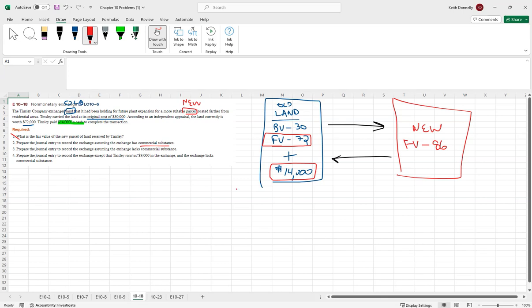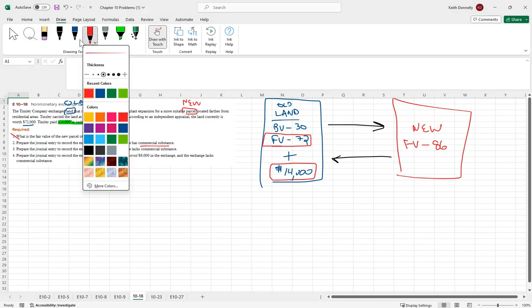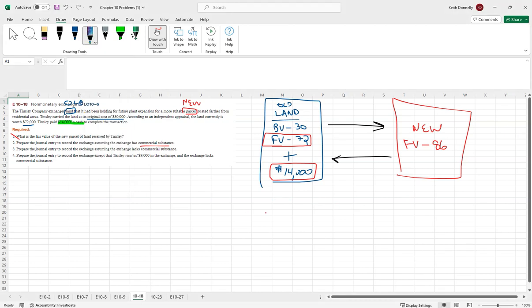So what we would do in this case, that was 1, 2. We're going to debit land new for the 86,000, because we have commercial substance on there. That's like step 1, if you remember from the PowerPoint. Step 2, we're going to get the old land off the books.